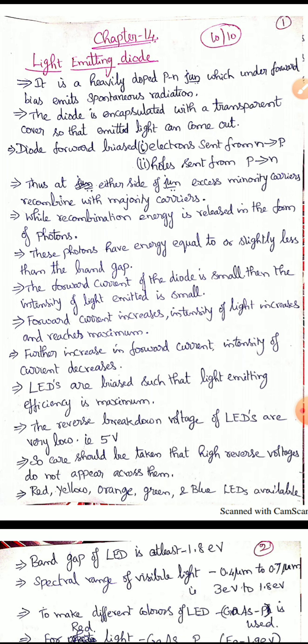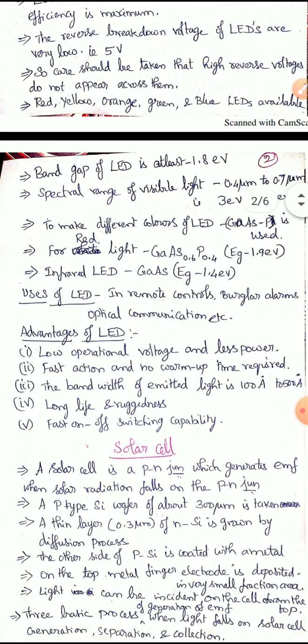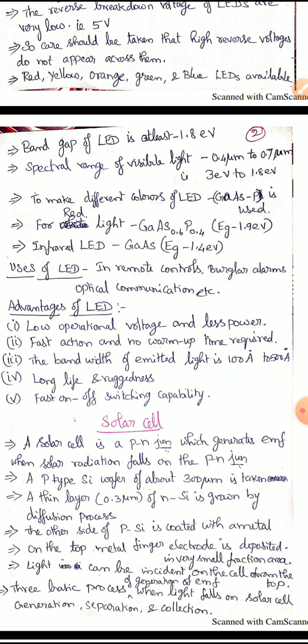The spectral range of visible light must be 0.4 micrometer to 0.7 micrometer, that is, 3 electron volt to 1.8 electron volt.